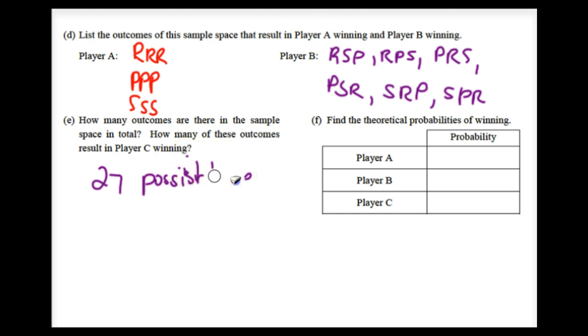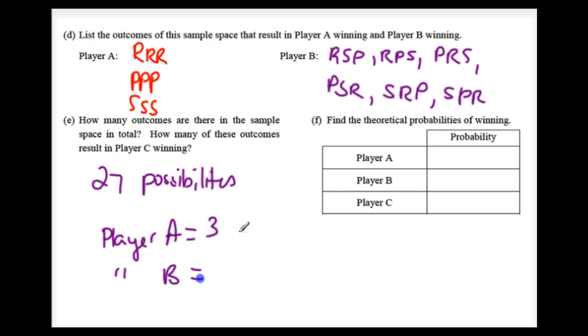Let's make that a little clearer. How many outcomes can player C have? The total is 27. Player A has 3 choices.